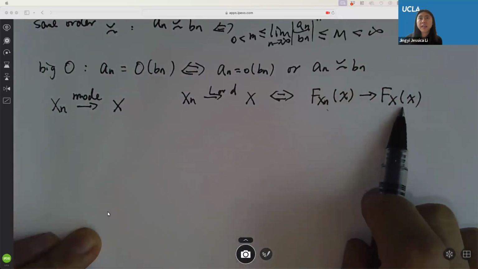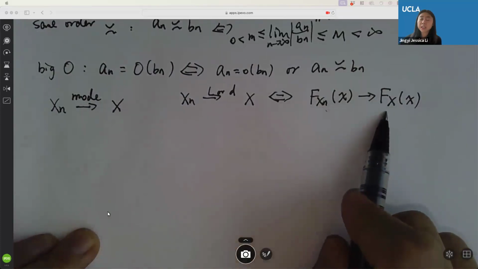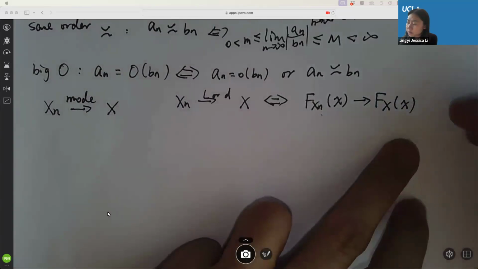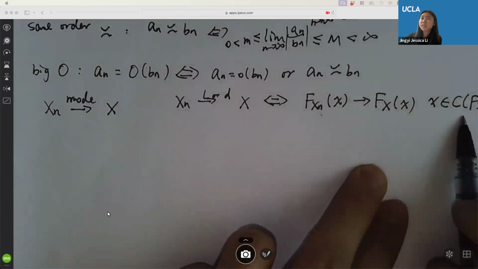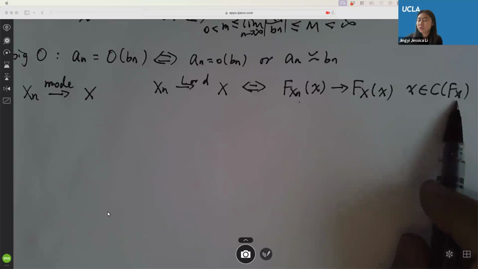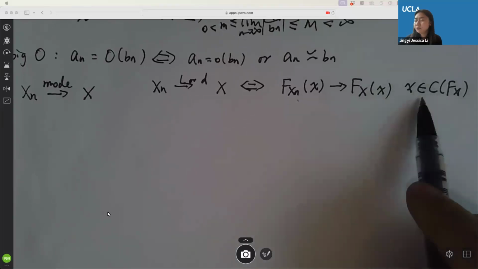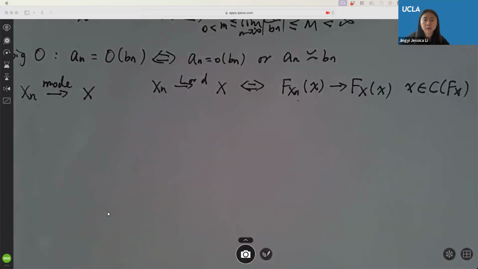But here we only consider the values x where F_X is continuous. So in other words, we can write this, x belongs to C(F_X). This means the continuity set of the function F_X, so the values at which F_X is continuous. Only for these values, we need to ensure that we have the pointwise convergence of CDF functions. So that's the definition of convergence in law.